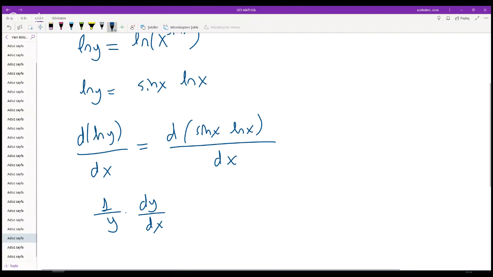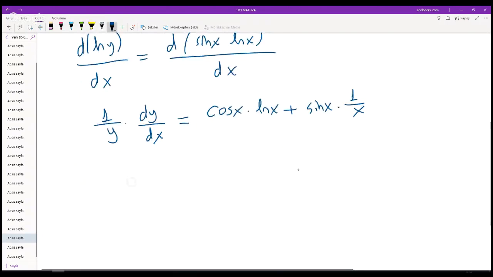This equals the derivative of sine x times ln x, which is the derivative of sine x, cosine x, times ln x, plus sine x times the derivative of ln x, which is 1 over x.